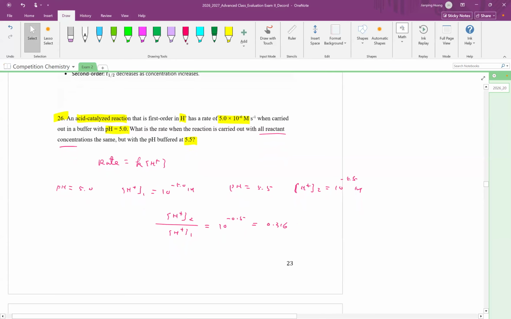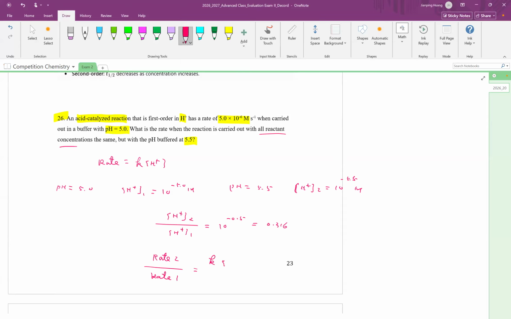Right? Very simple. Now, the rate 2 to the rate 1 ratio, right? Equals what? Equals K H plus 2 over K H plus 1, K canceled.